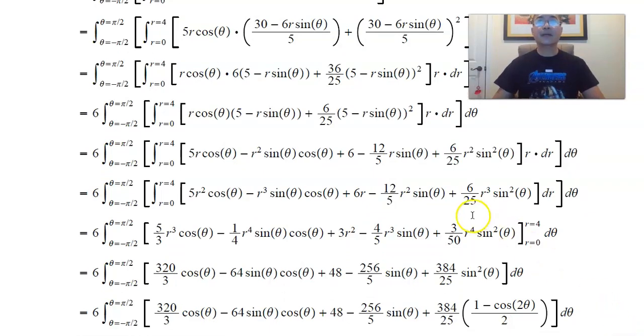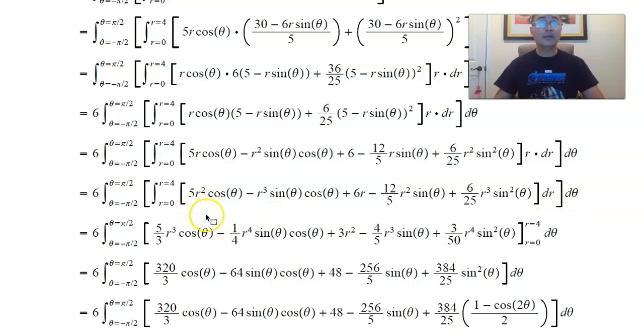Almost there. Okay, so we were over here, and then we multiply in the extra r. So r squared, r cubed, 6r, r squared, r cubed. And then we are ready to integrate with respect to dr.